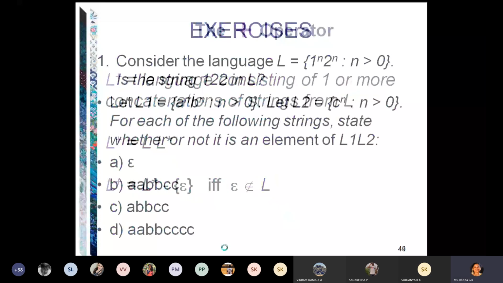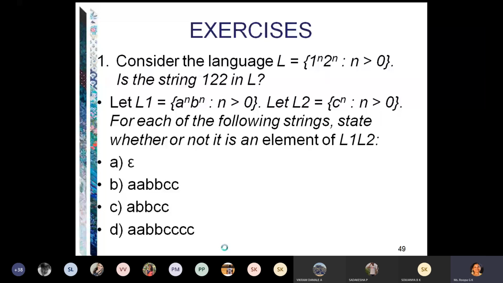Exercise. There are some problems. Be ready. The first one I already discussed. Once again, if you want, L is given by 1 power n, 2 power n, n is greater than 0. See, greater than 0 means there is no epsilon. Start from at least one character. N starts with 1. 1 power 1, 2 power 1 means 1, 2.